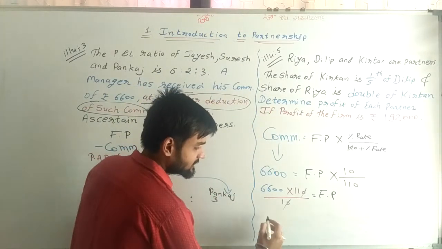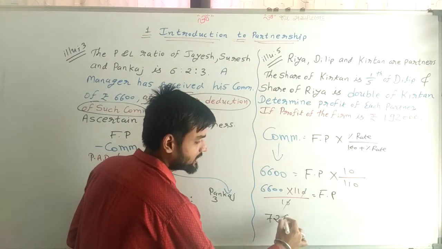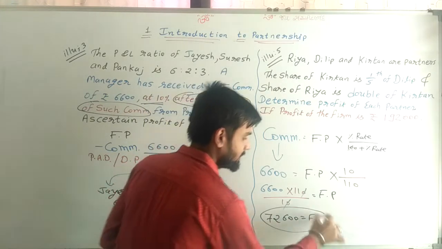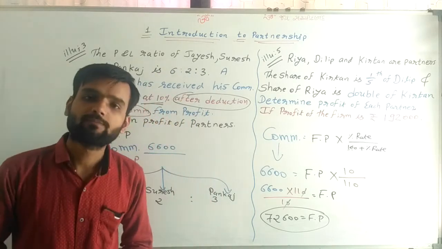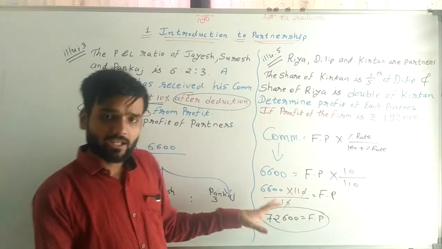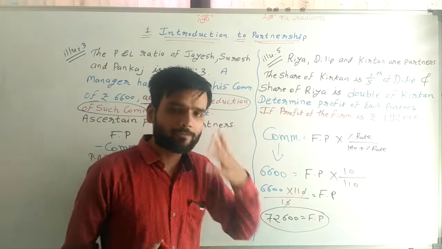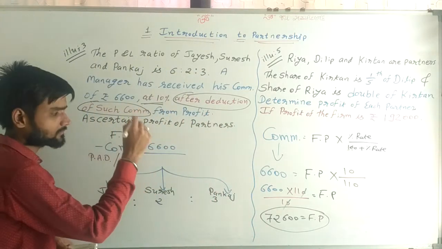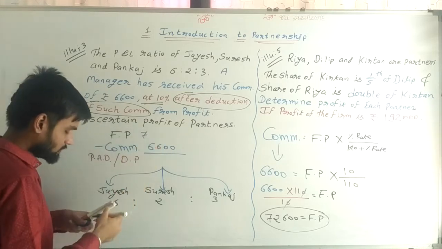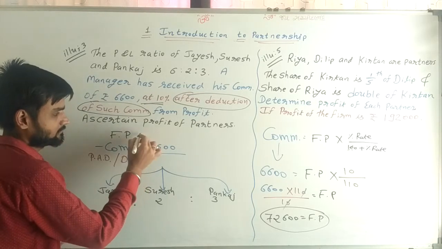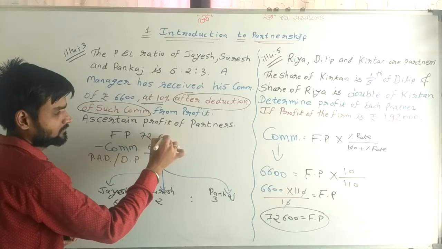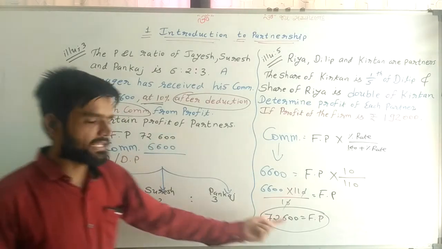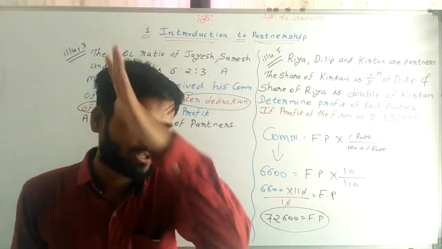So our answer is 72,600 rupees, that is my firm's profit. So in this way, I can directly find the firm's profit, and that firm's profit I can write here: 72,600 rupees. So it is my firm's profit.